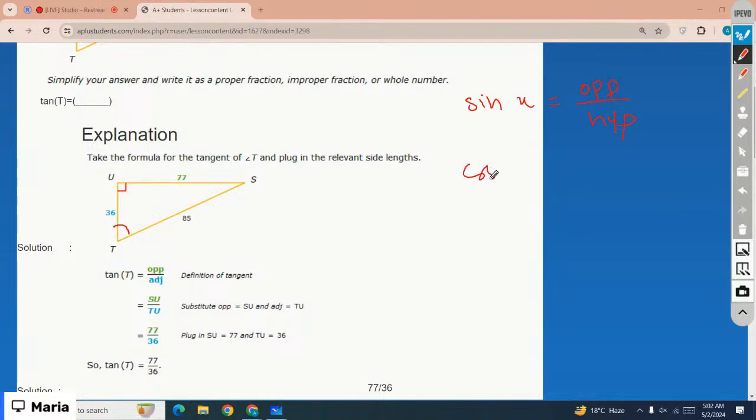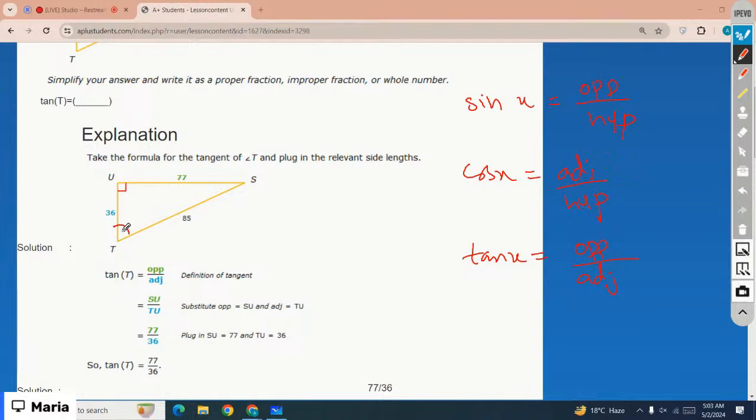Then you have cos of x, that is adjacent divided by hypotenuse, and then you have tan x. Tan x is opposite divided by adjacent, right?